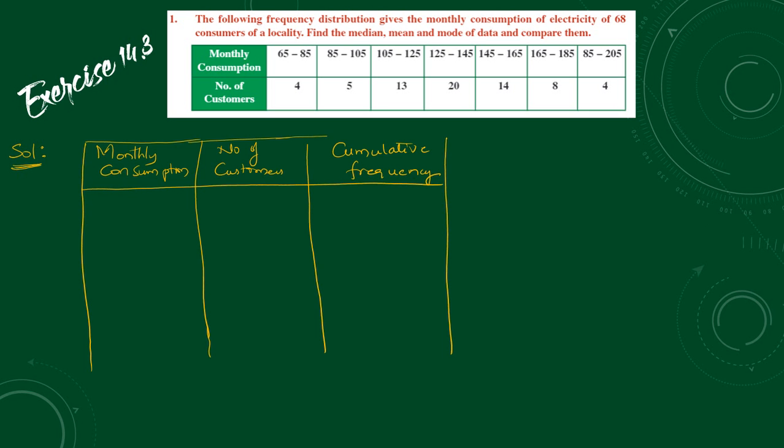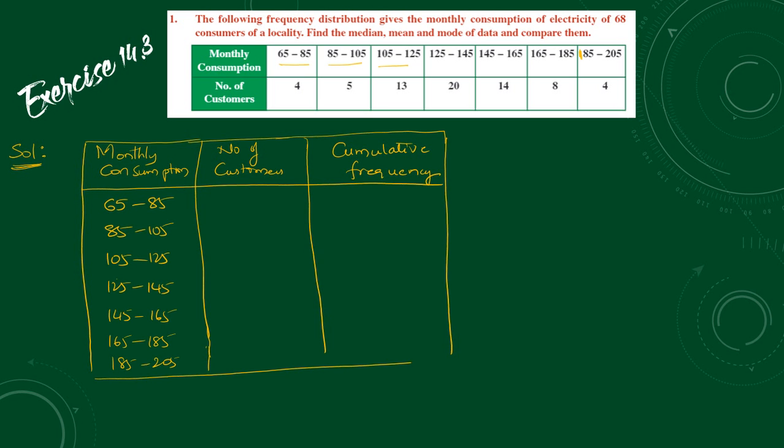Now let us see the class intervals here: 65 to 85, 85 to 105, 105 to 125. These are all exclusive classes, so I can write them directly. 65 to 85, 85 to 105, 105 to 125, 125 to 145, 145 to 165, 165 to 185, and 185 to 205.